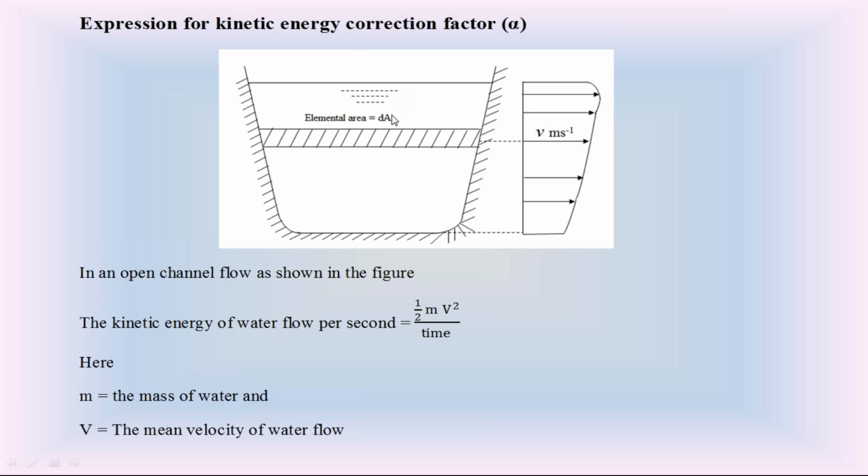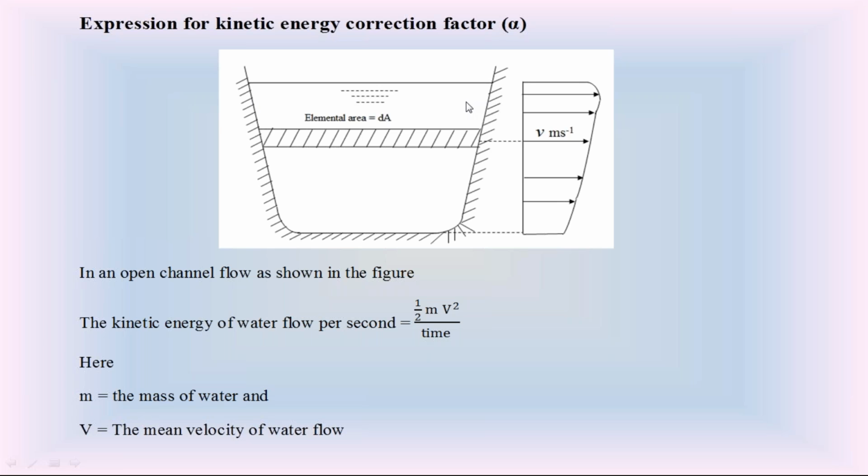In this open channel from top to bottom, we have so many water layers. Every water layer has kinetic energy like this. For this layer, we calculate the actual kinetic energy, gamma dA v cubed divided by 2g. Like that, every water layer in this open channel has actual kinetic energy.